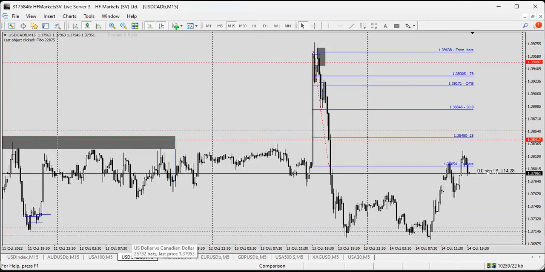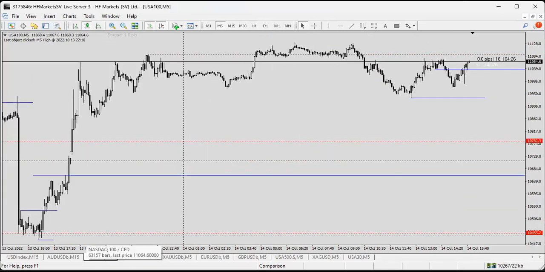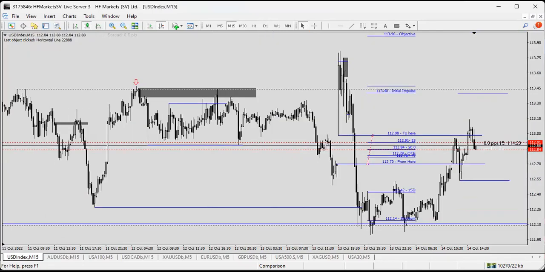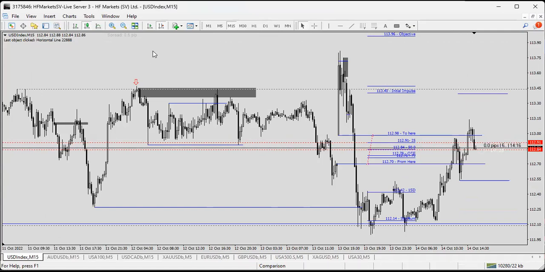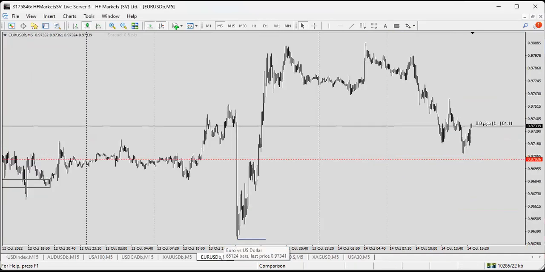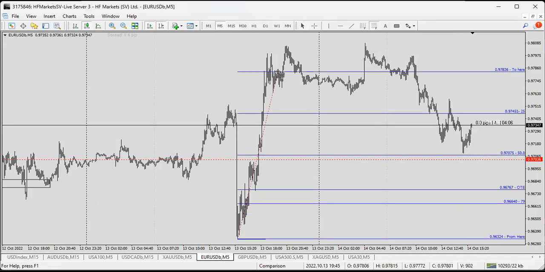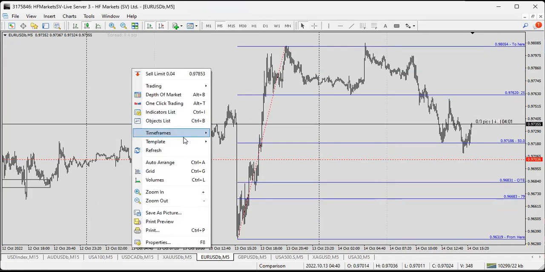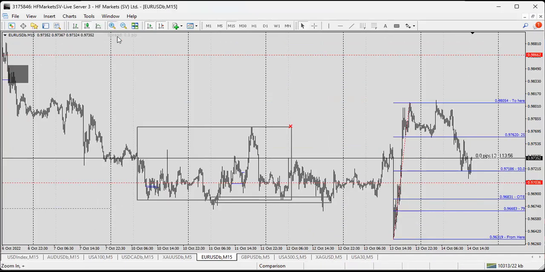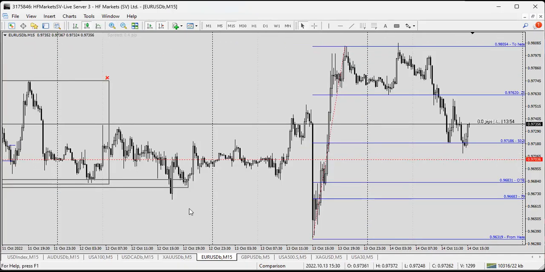Did I miss something? Oh, I think my platform froze. Okay. DXY, show me what's up. EU. Is that a dealing range? M15. Yep. So want that.